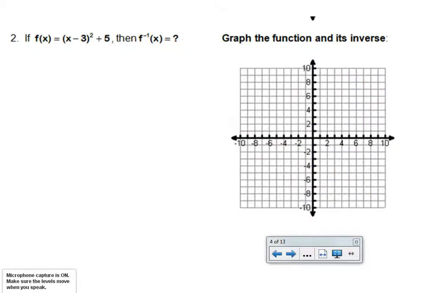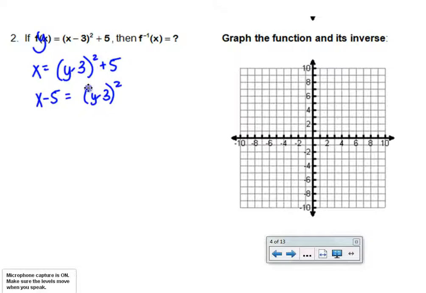Okay, the next part. Again, this is really a y, so if I switch and say x equals y minus 3 quantity squared plus 5, and then I attempt to solve for the output variable, I would first subtract the 5. And then I would square root both sides.